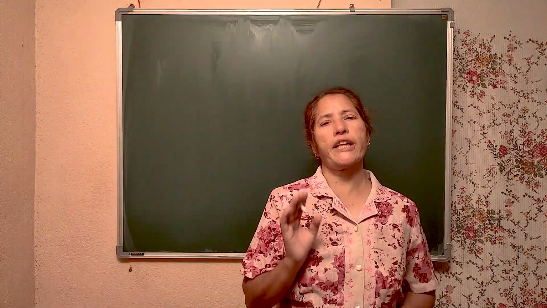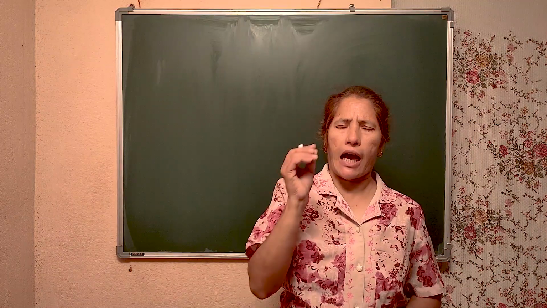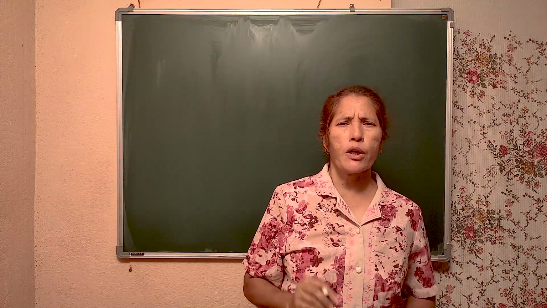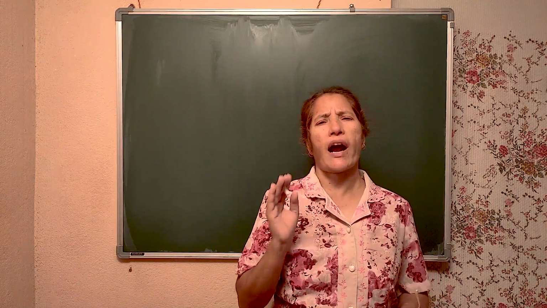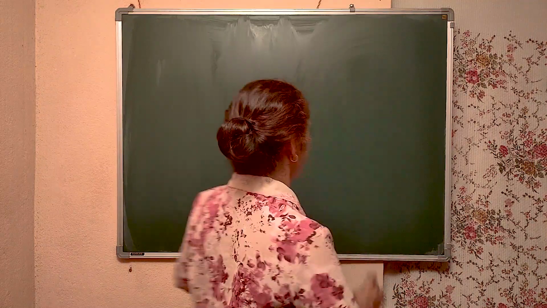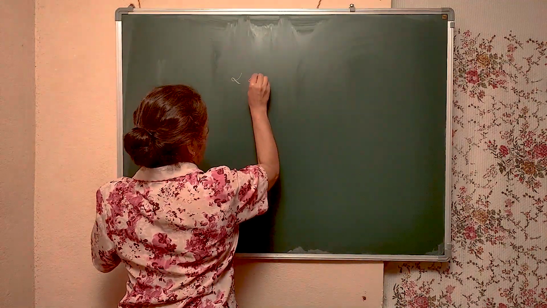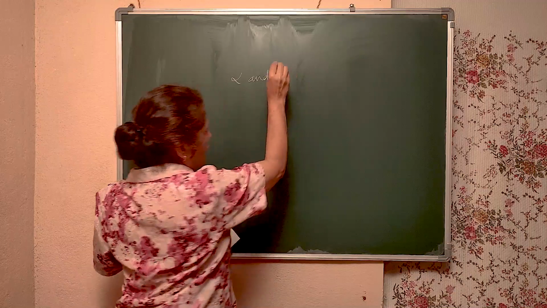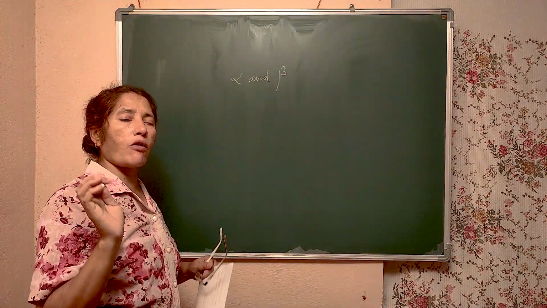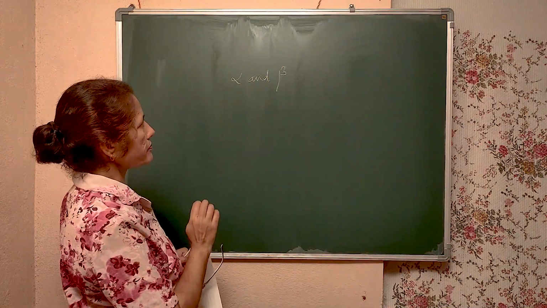Now there is one more type of problem. When alpha and beta are given, what is the general form of a quadratic polynomial?